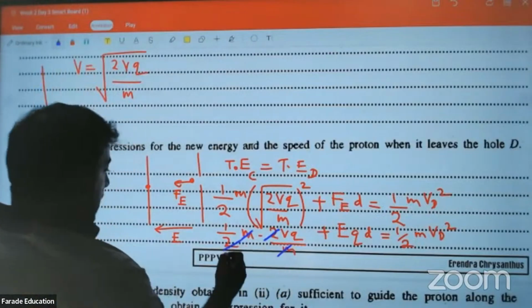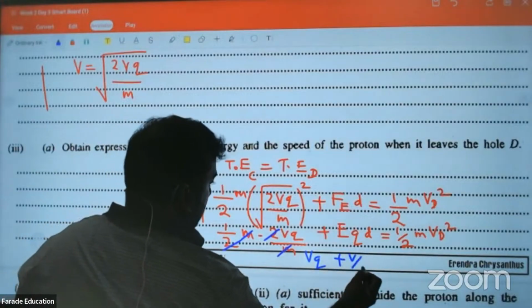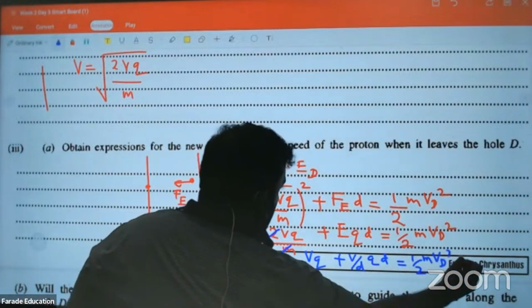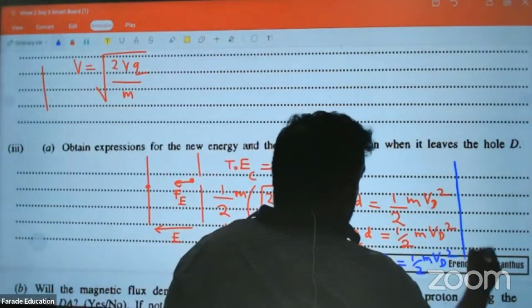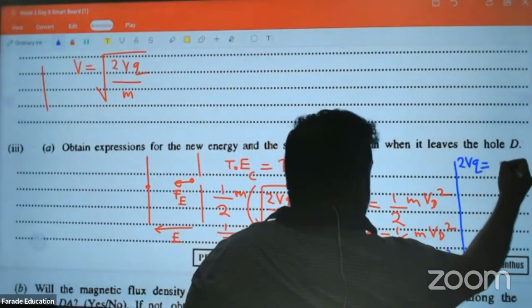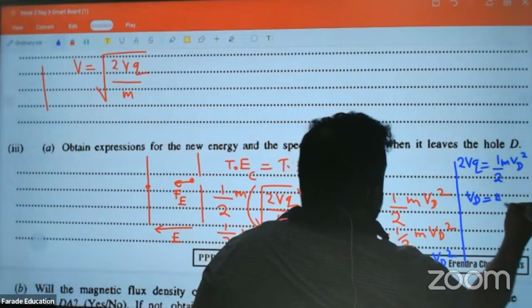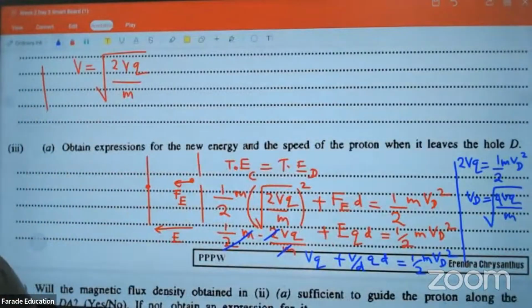E is V over d, so d and d cancel off. VQ plus VQ is 2VQ, which is equal to half m vd squared. So vd is equal to the square root of 4VQ over m.